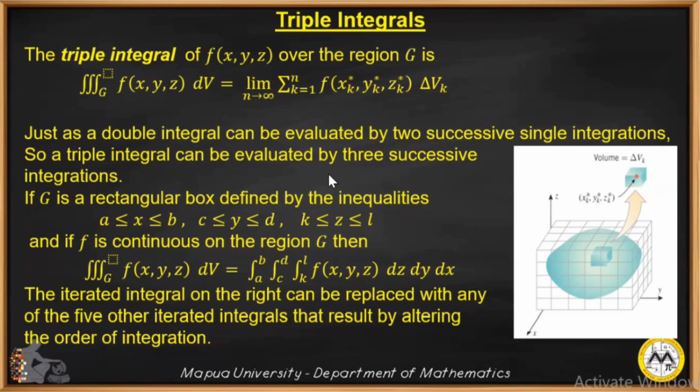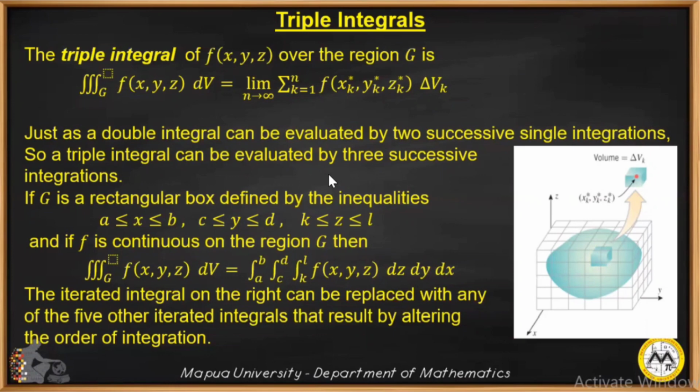If we get the volume of the rectangular element, then the differential of v is equal to dz dy dx if it is vertically simple, or we can take the differential of v as dz dx dy when we are doing applications.